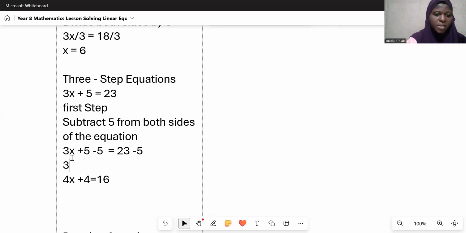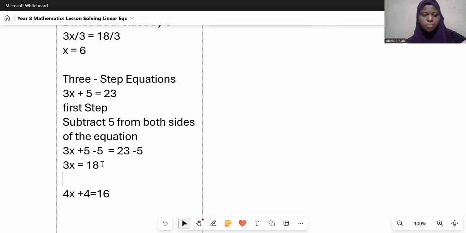So we have 3x equals 23 minus 5, which is 18. So 3x equals 18. Remember how we solve the two-step equation.